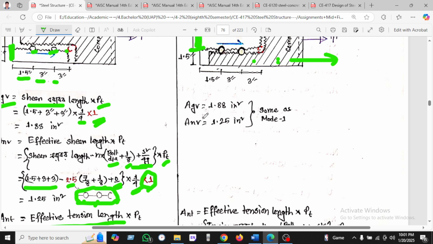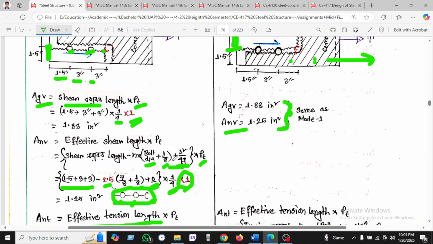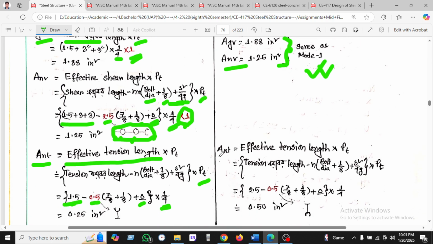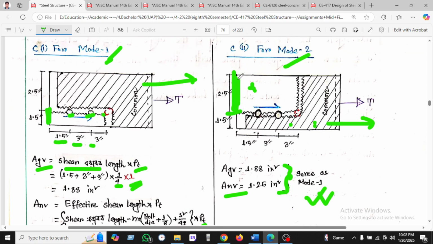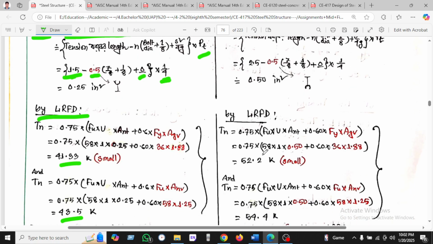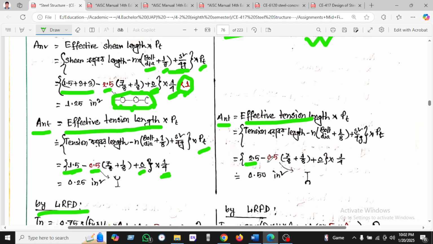As we know, the ABG and ANG remain the same as in the first mode, so we are not calculating them again. Now we will calculate the ANT. The effective tension length will be 2.5, and the 1.5 is half of the bolt.